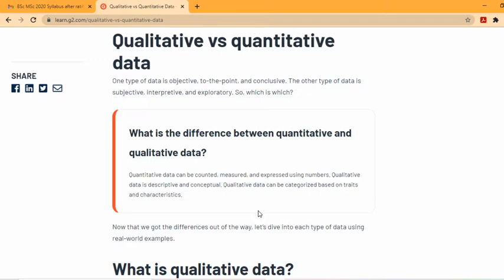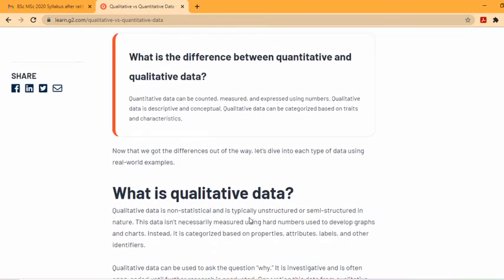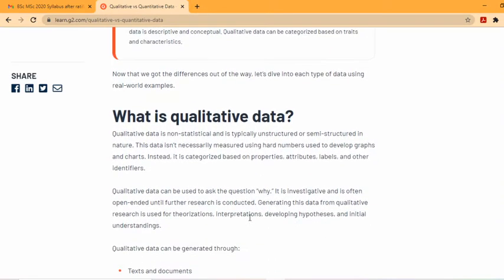This is conceptual. Qualitative data can be categorized based on traits and characteristics. So we can categorize more intelligence, average intelligence, less intelligence, less beauty, average beauty, highest beauty, etc. That type of variables are called qualitative variables, and the data are called qualitative data.